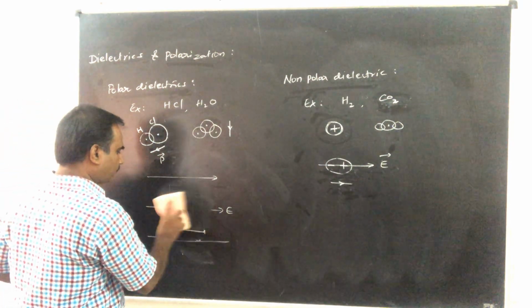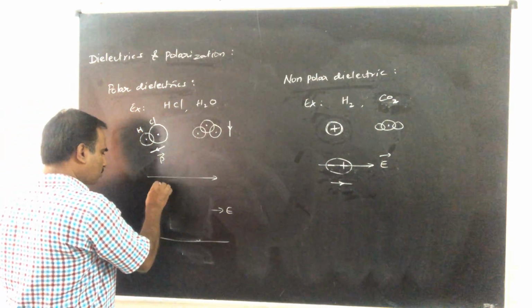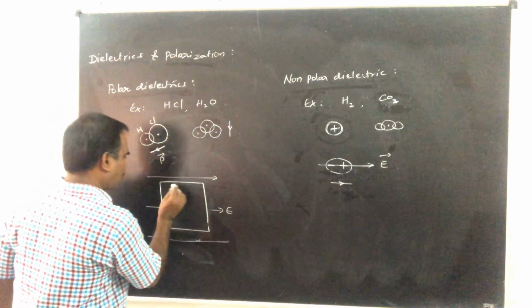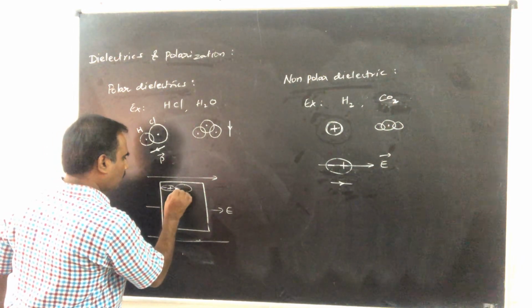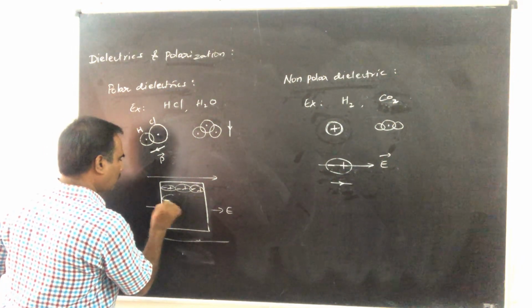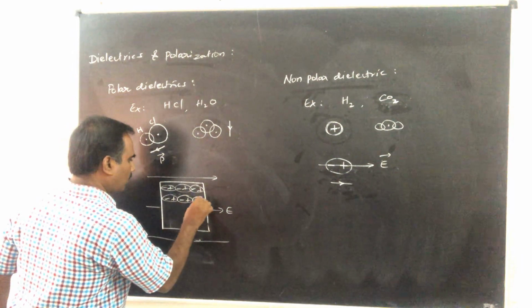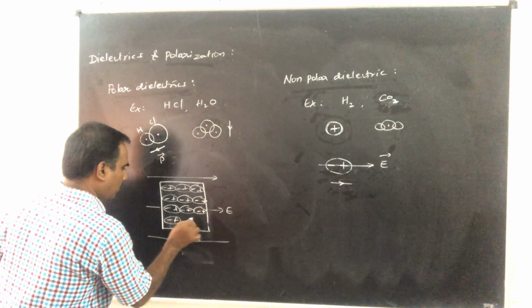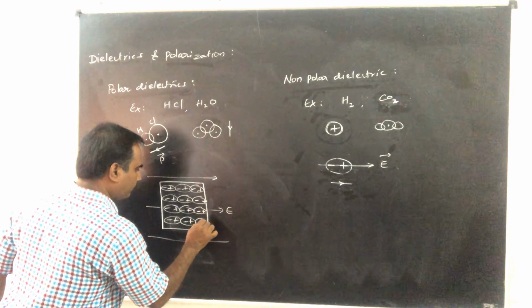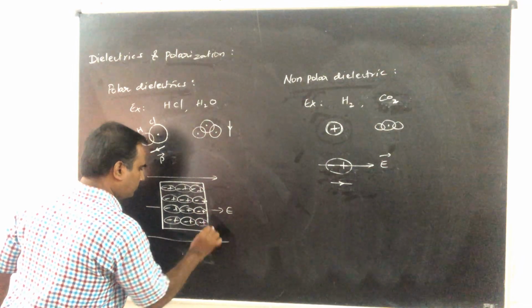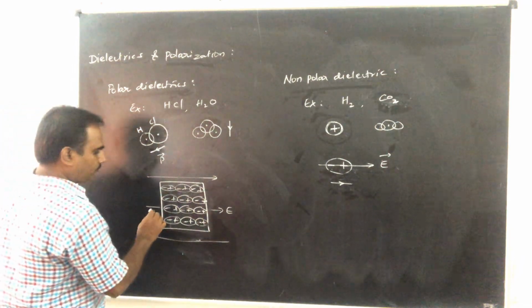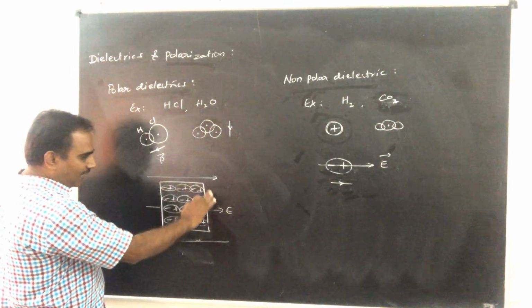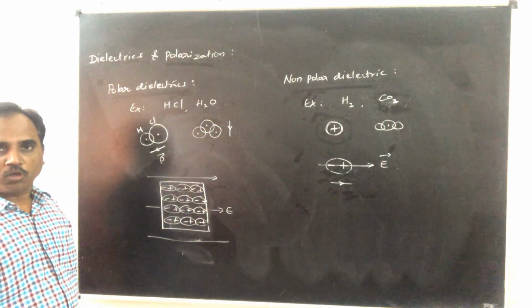Polarized means these molecules align like this. These molecules align like this. Now this dielectric medium is said to be polarized.